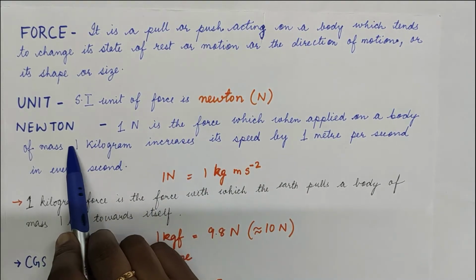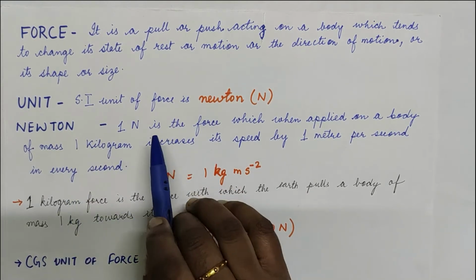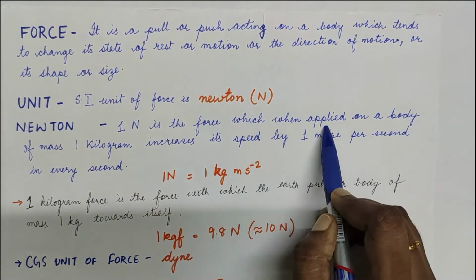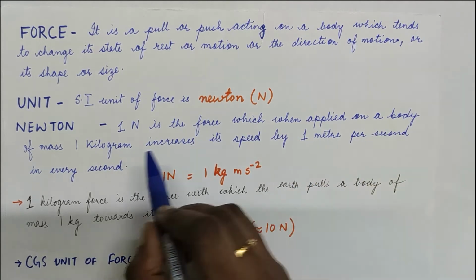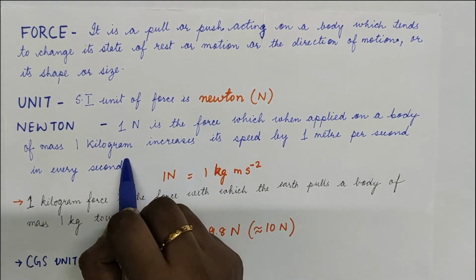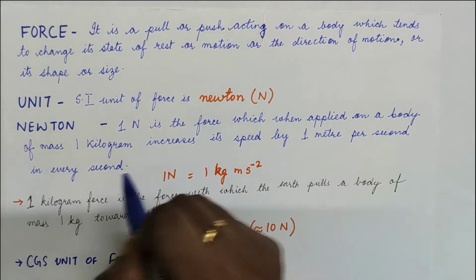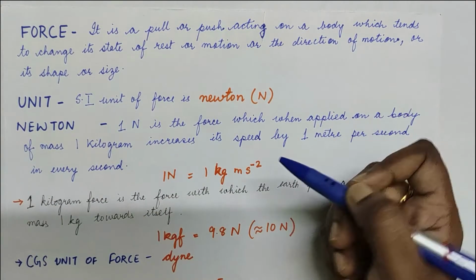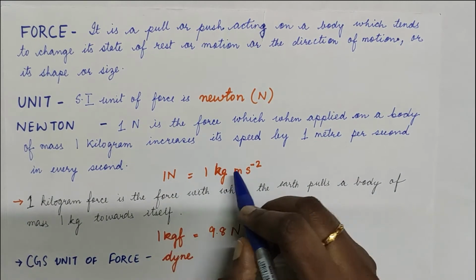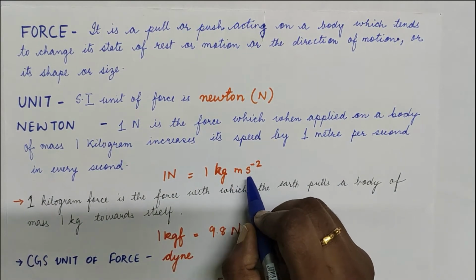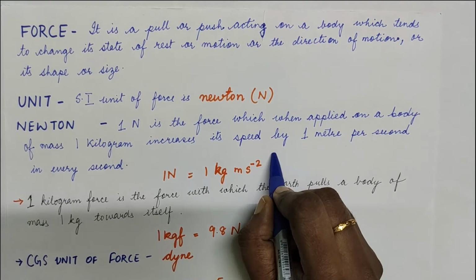How do we define a Newton? It is defined as the force which, when applied on a body of mass 1 kilogram, increases its speed by 1 meter per second in every second. So 1 Newton is 1 kg meter per second square.